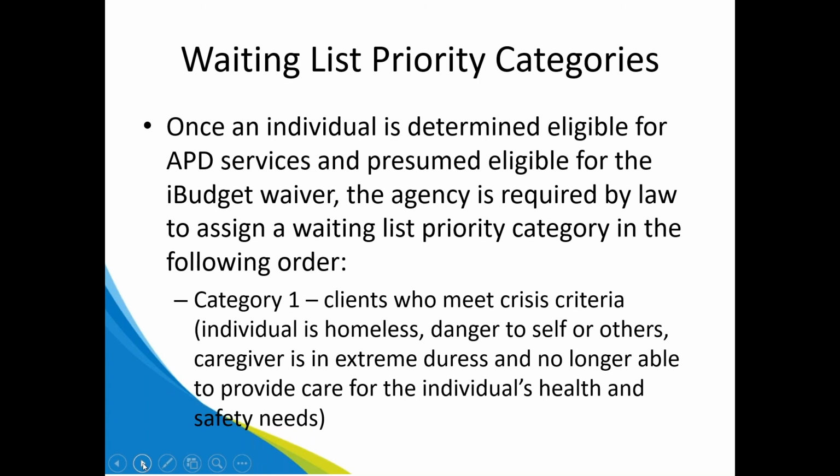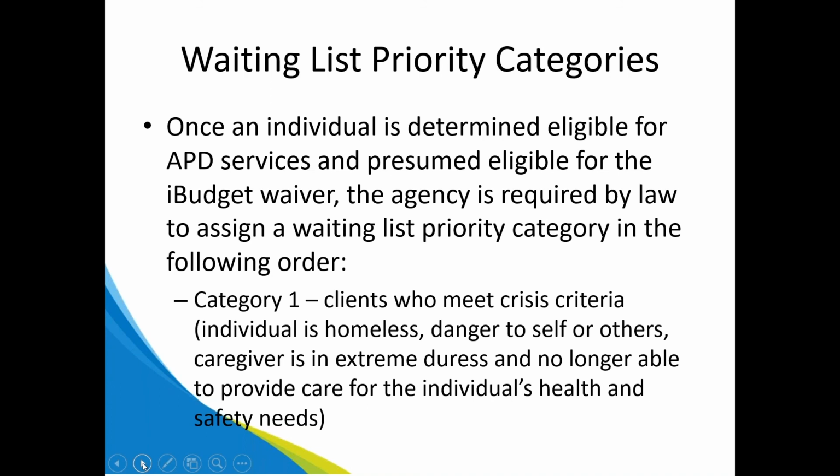The category needs to be supported by credible evidence, and it needs to reflect that without immediate provision of waiver services, the health and safety of the applicant are at risk. These also include applicants who are a danger to self or others. And this requires, of course, documentation that could be reviewed by an area behavior analyst.